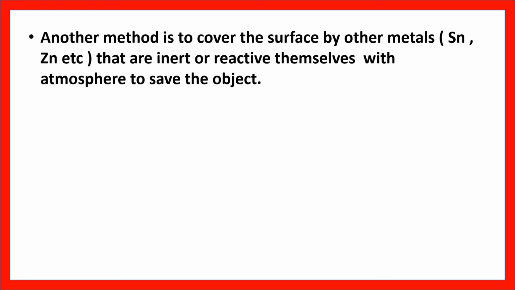Next, another method is to cover the surface with other metals like tin, zinc, etc., that are inert or less reactive with the atmosphere, to save the object. These tin and zinc are less reactive, that's why they are coated on the more reactive metals to stop corrosion.